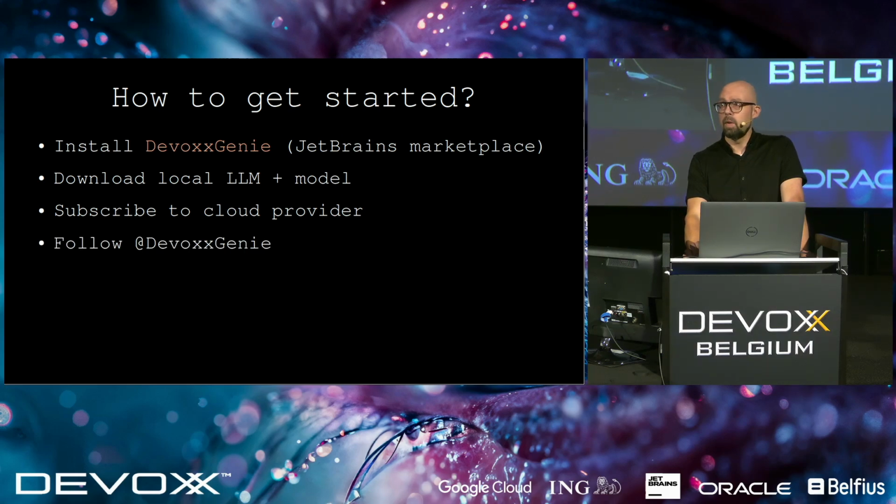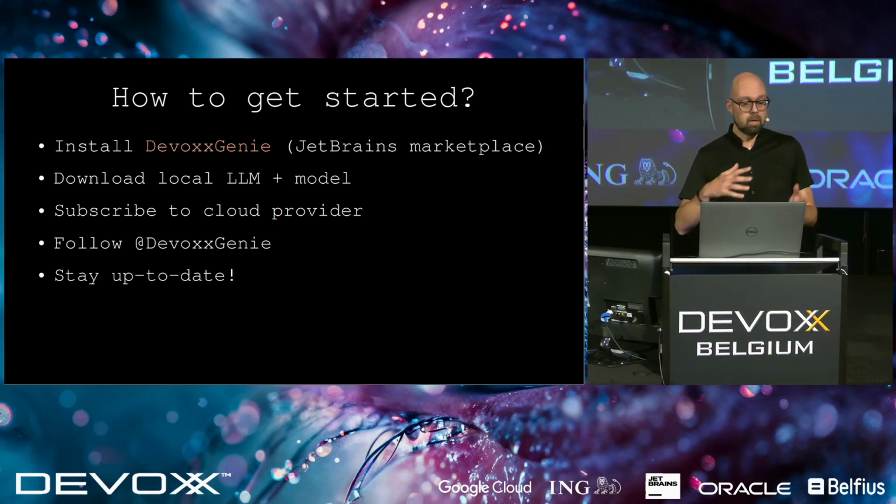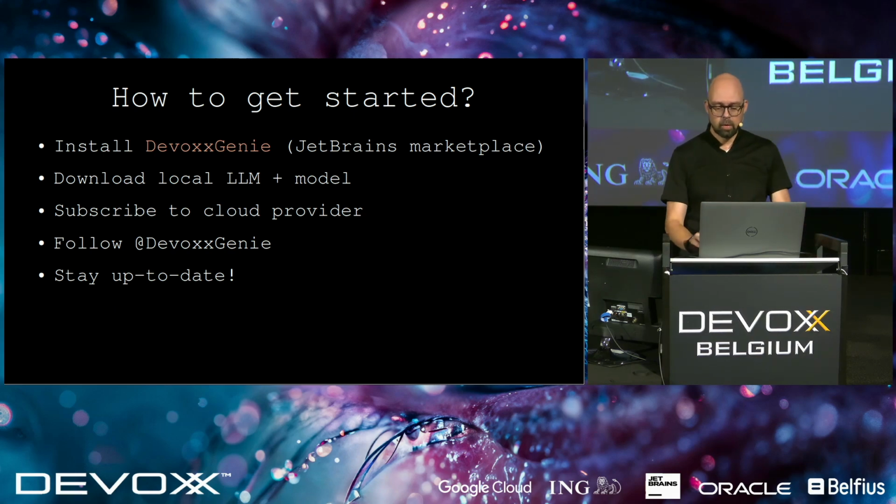You follow Devoxx Genie on X, so you get news about new releases. You need to stay up to date. You need to follow people on X. You need to subscribe to newsletters, because every few weeks new models are released, and they are always better than the ones before.